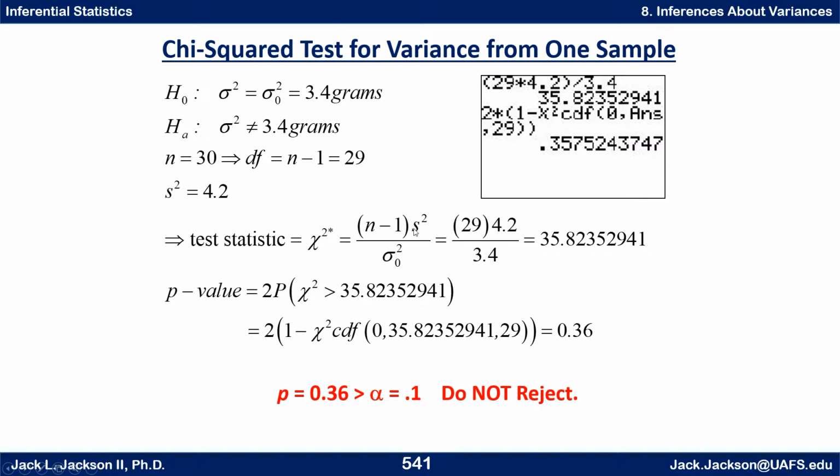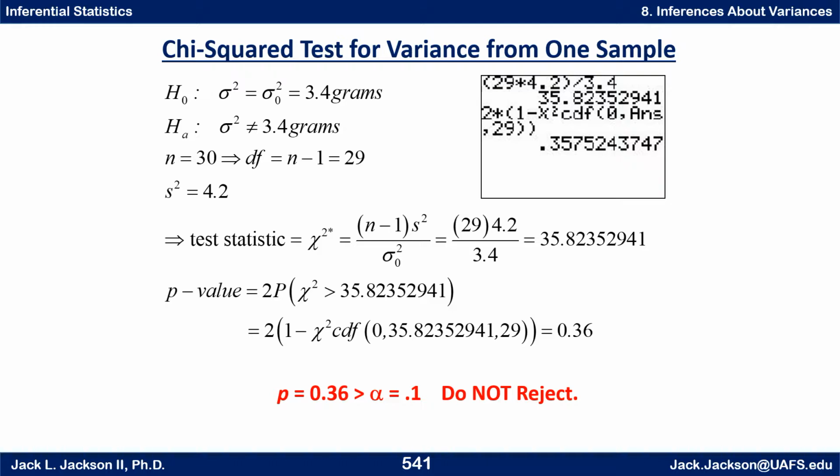The s squared is the one that we have from the sample, and those are variances. If these were standard deviations, we would have to go ahead and square them here. So these need to be variances at this point. And 29 was n minus 1, which is your degrees of freedom or sample size minus 1. So anyway, we work out this fraction on our calculator, and here it is done on calculator right here, and that's 35.82 something. That's our chi-square value. You could store that as x or something if you want.